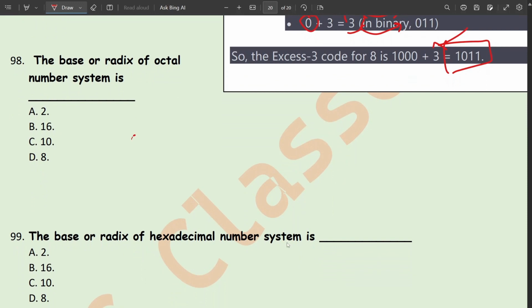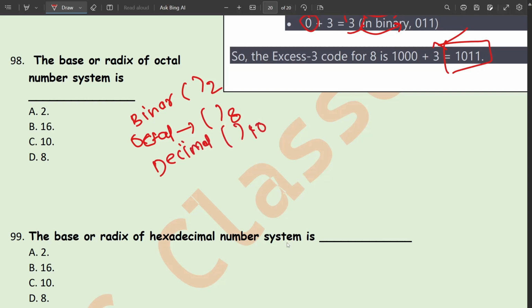Next, the base or radix of octal number system. Everybody knows, you can take a screenshot of this. In octal, base 8. In binary, radix and base of 2. In decimal, we have base of 10.